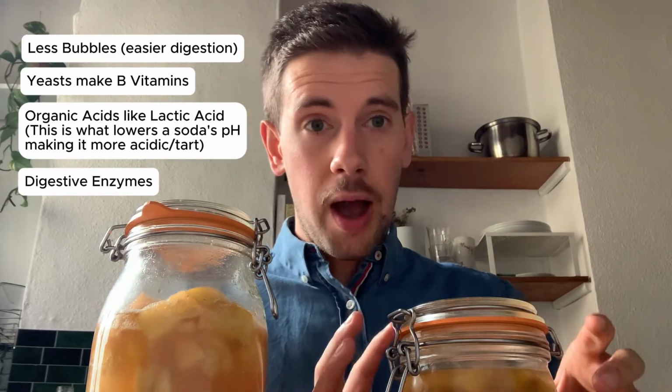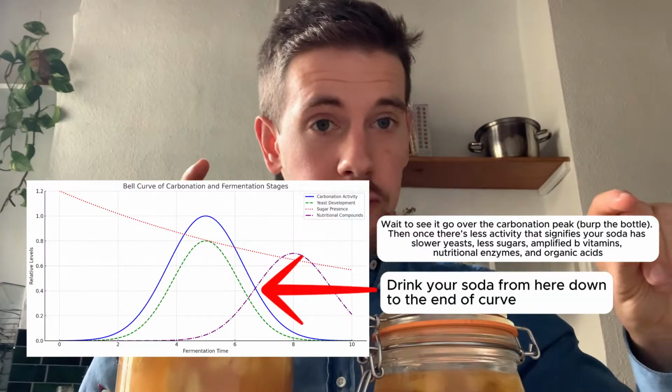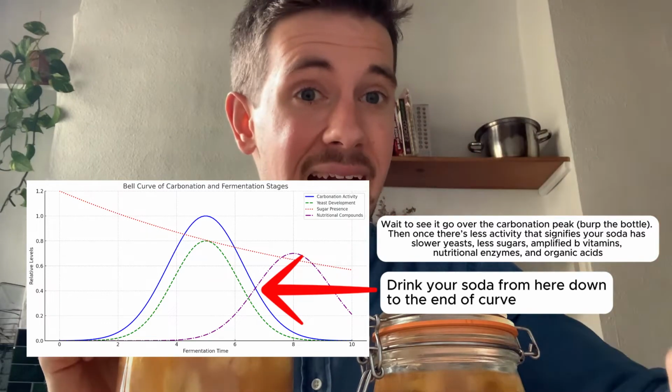So this is why it is important to keep in mind when you are consuming your ginger, apple, or pineapple bug, the kind of bug that you have, when you're making maybe a ginger beer or an apple soda or any other kind of concoction, that you're doing it on the latter half of the bell curve. If you were to drink it during the first half, you will get gas.